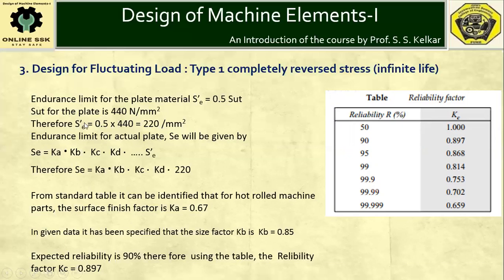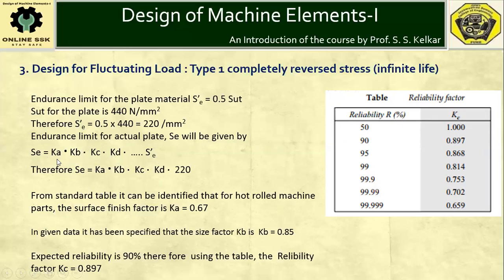Now this is the endurance limit for the material of the plate, but we need to find the endurance limit for the plate, and for that we have to multiply SE dash by different correction factors, say Ka, Kb, Kc, Kd, Ke, Kf, etc.